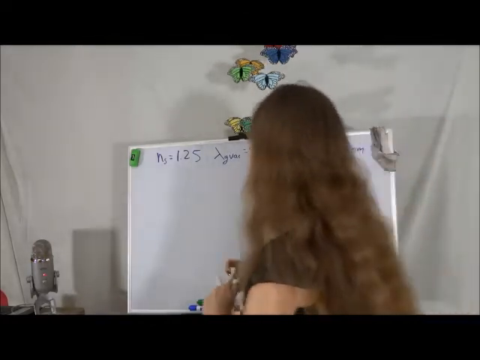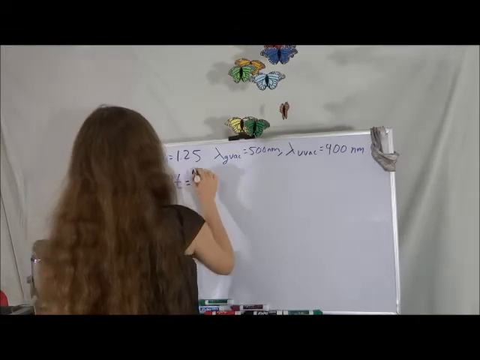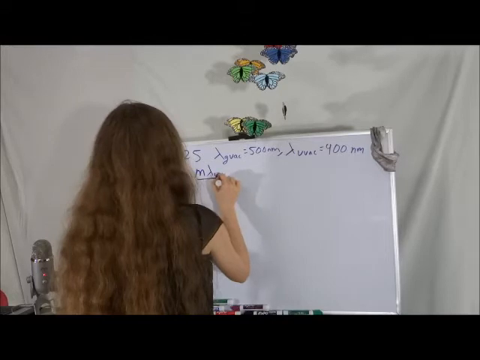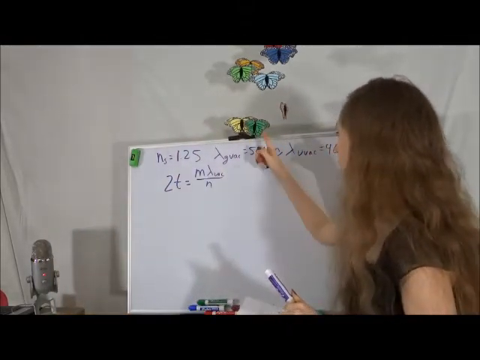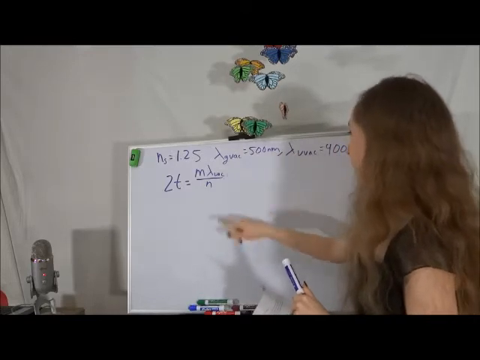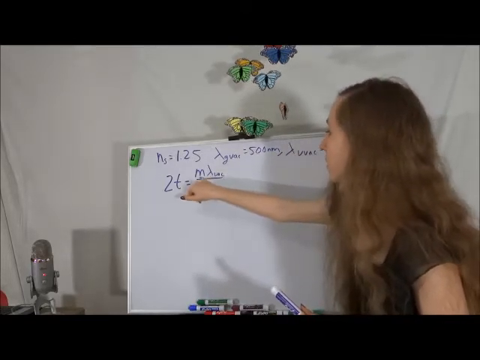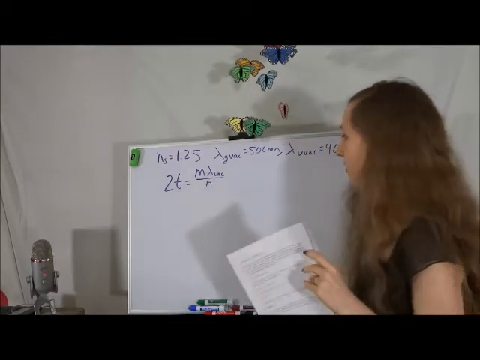So our constructive interference equation is that 2t is equal to m lambda vac over our index of refraction n. Now we know we have two different lambda values. We know the index of refraction of our soap. We don't know m for either of these. Now that's what makes things a little bit tricky.